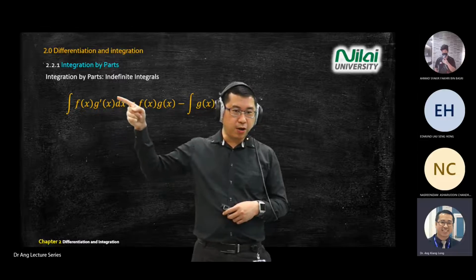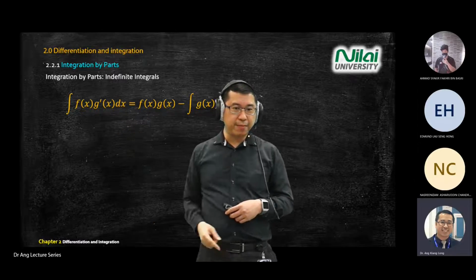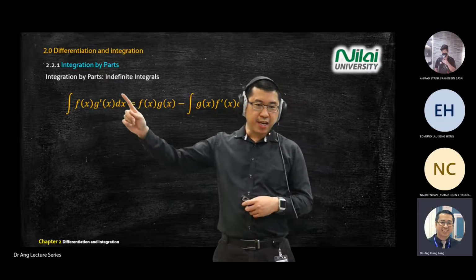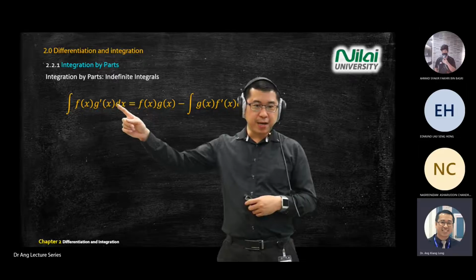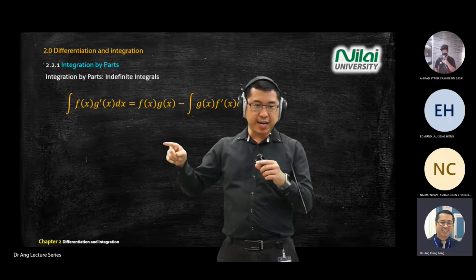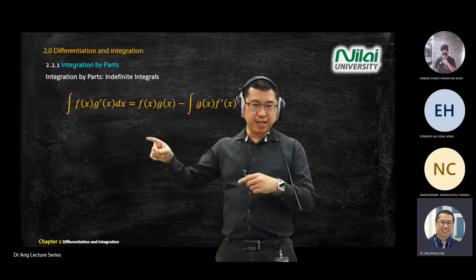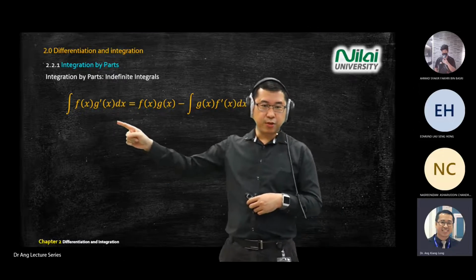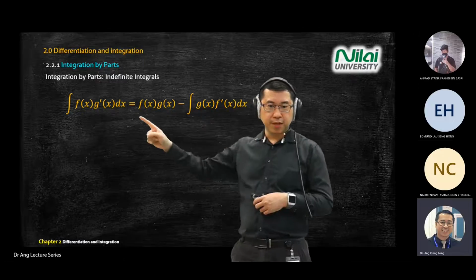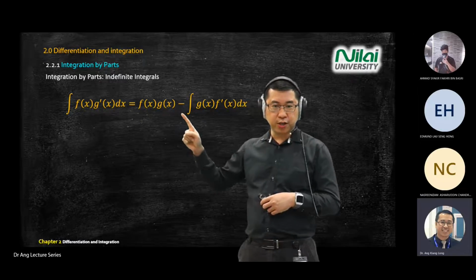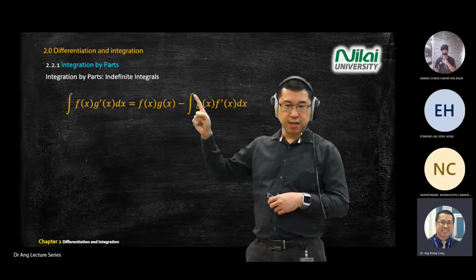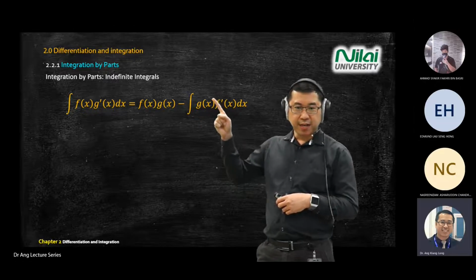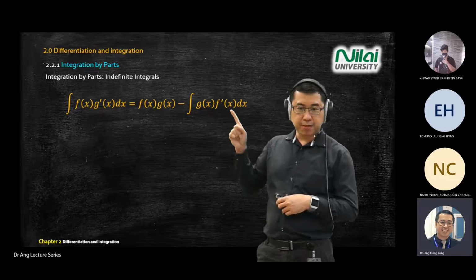On the top of the g there's a comma, which means there's a differentiation process: A multiplied by B, where B is the differentiation formula. Then you use this equation. This one is the first function, second function, minus integration of g x, and this f comma. F comma means you differentiate f, times dx.